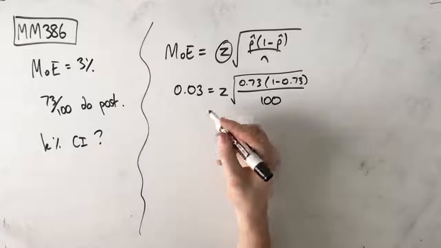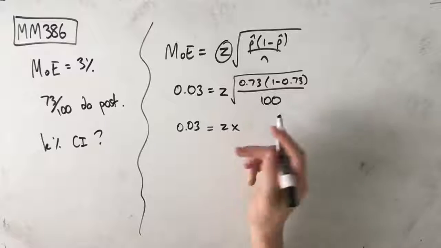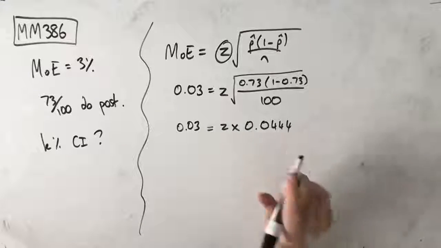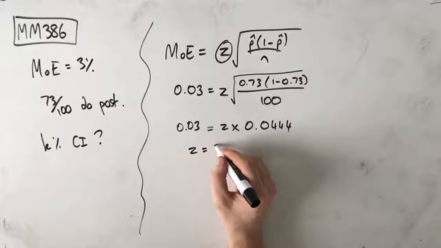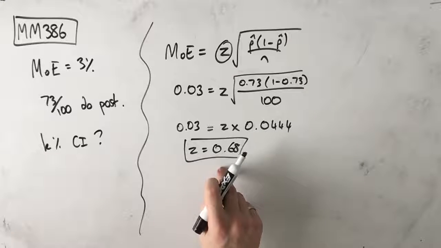Using our CAS, we can say that 0.03 is equal to z times 0.0444. And then from here we can say that z is equal to 0.68. Awesome. So we know that our z value is 0.68.